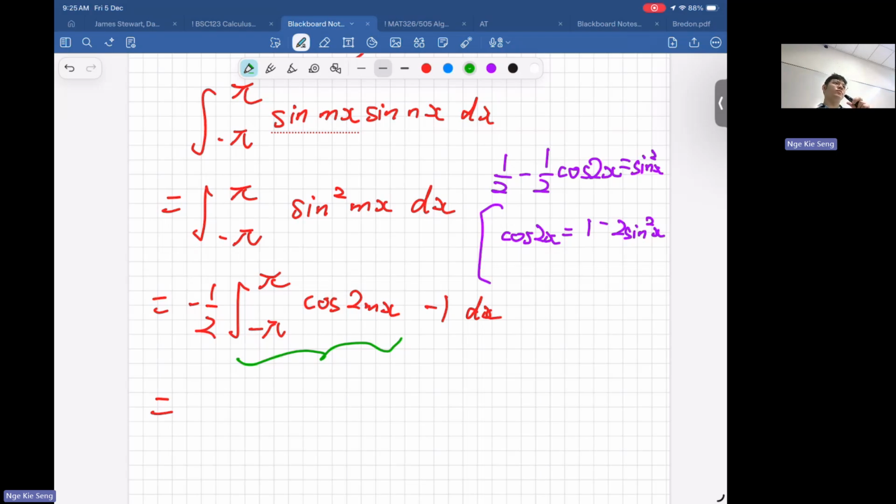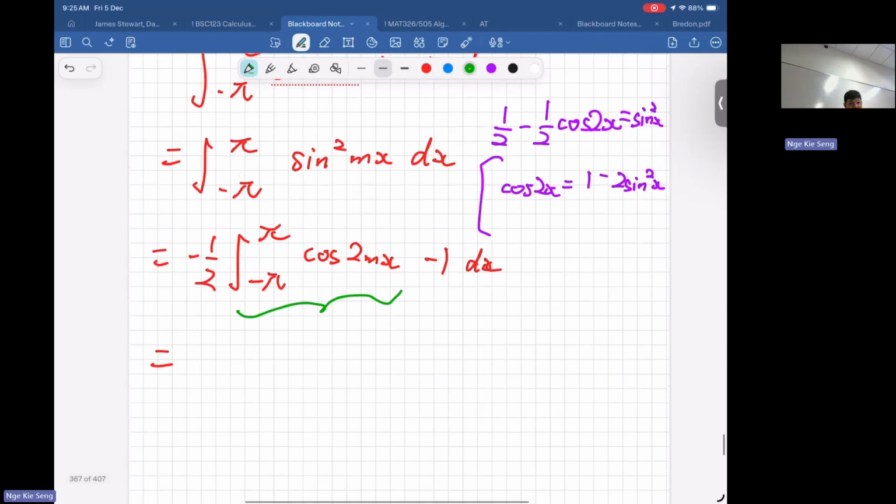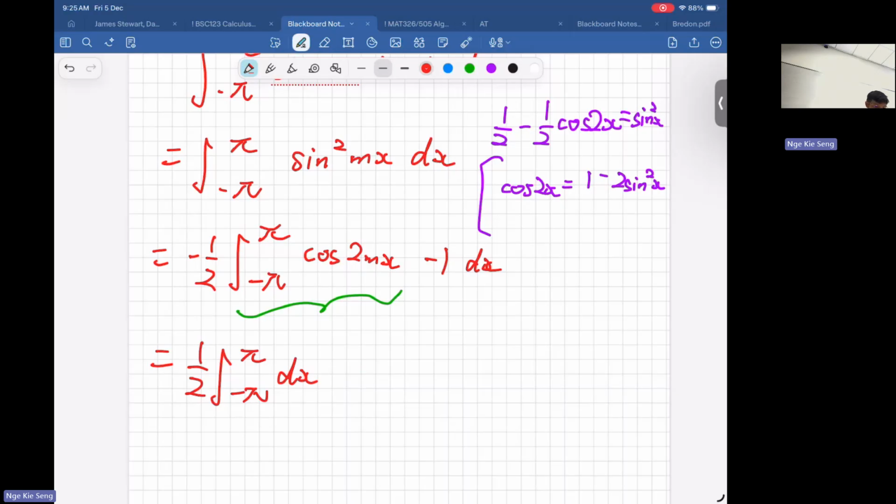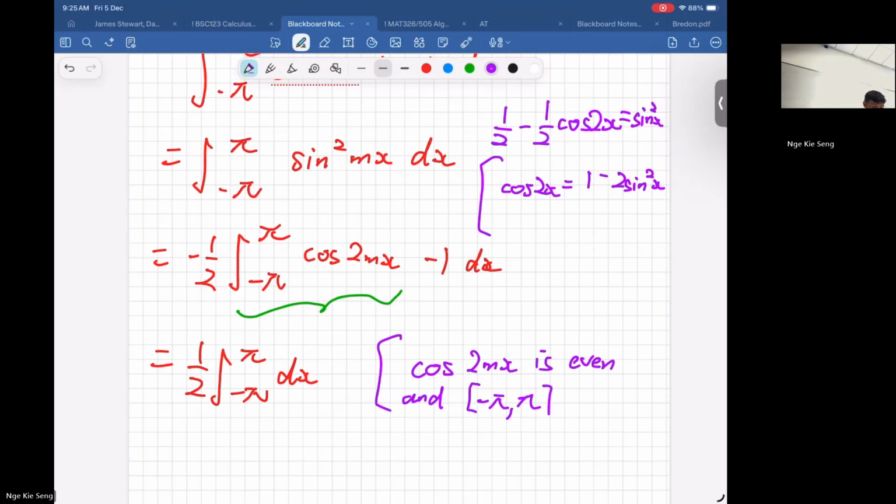So this integral should be 0, because you are integrating an even function on a symmetric interval across 0.